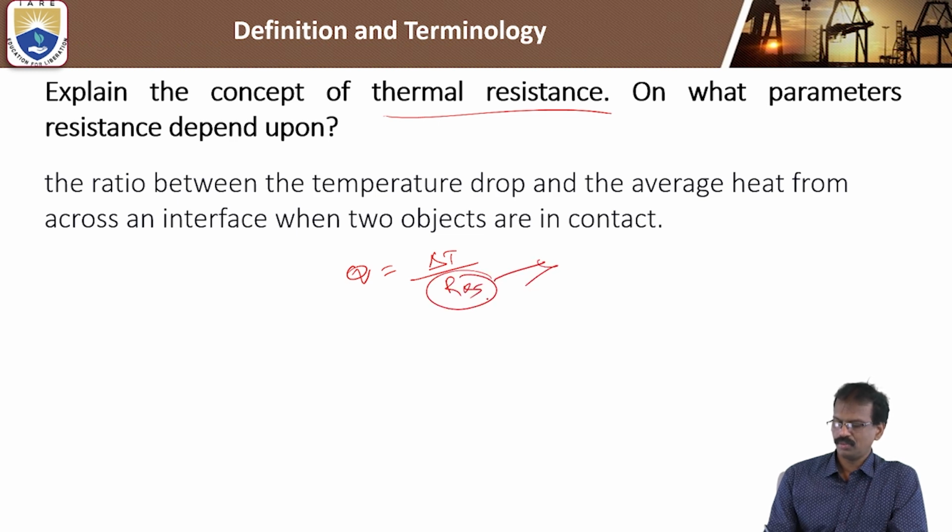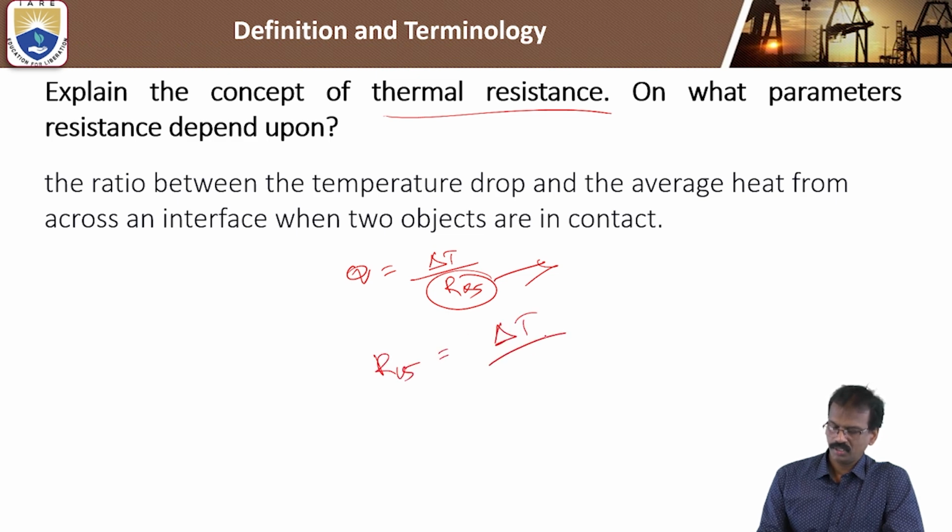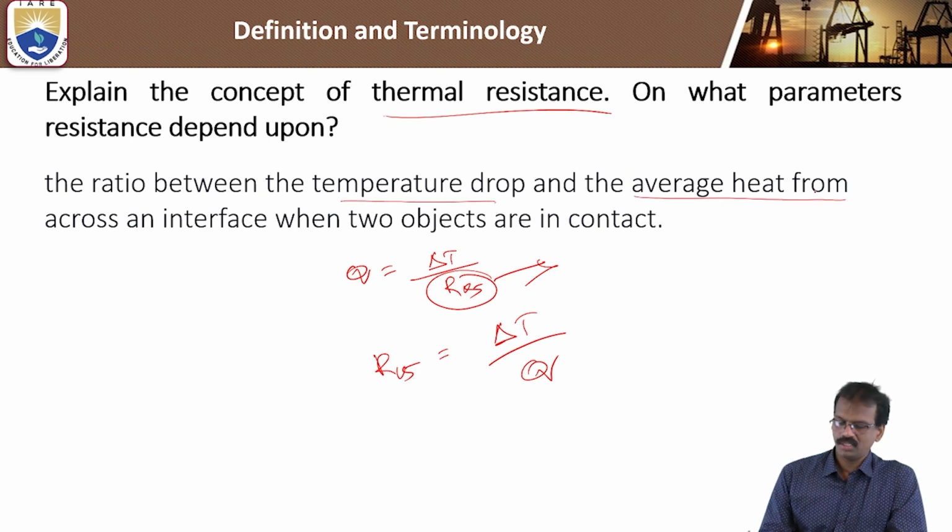So this R thermal is nothing but thermal resistance. It means thermal resistance is equal to temperature difference by Q, the rate of heat transfer. It is the ratio between the temperature drop and the average heat flow across an interface when two objects are in contact. That is called thermal resistance.